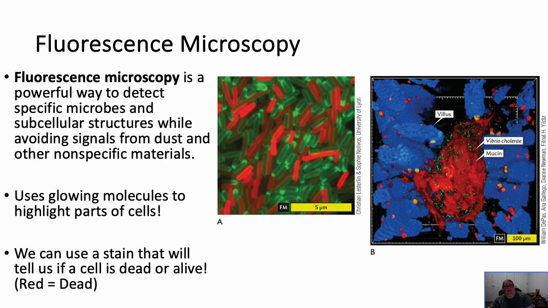Okay, so we use the fluorophore, or the glowing molecule, to highlight certain things. We use fluorescent microscopy a lot to count living versus dead cells. We have a saying in microbiology: green means alive, red means dead. So in this slide, you can see the living bacteria are going to be green, and the dead bacteria are going to be red.